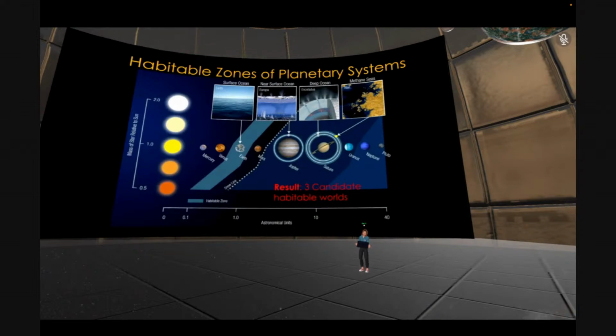And so these would be Europa, which is a moon of Jupiter that has a near surface ocean. And then Enceladus, which is a moon of Saturn, has a deep ocean. And Titan may have methane seeps. And so all of these 3 moons may also constitute habitable environments where it's worthy to search for life.